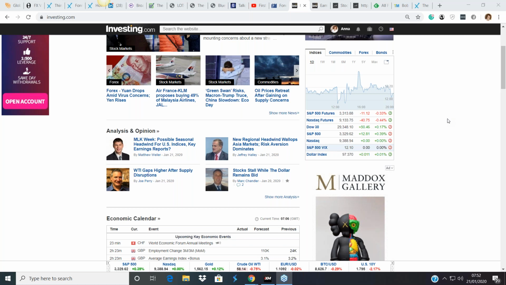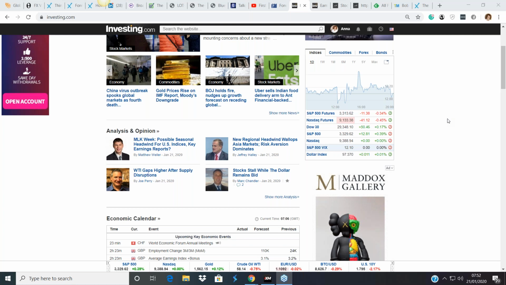Are you going to stick to the majors, or are you going to look at some of the cross pairs? And that brings another issue up, and that is that in the majors, and in particular in the euro dollar, there's not an awful lot of volatility. It's at an all-time low, and you only have to look at the chart for the euro dollar to see that it's really not moving very much on a daily basis. The range is very, very narrow.